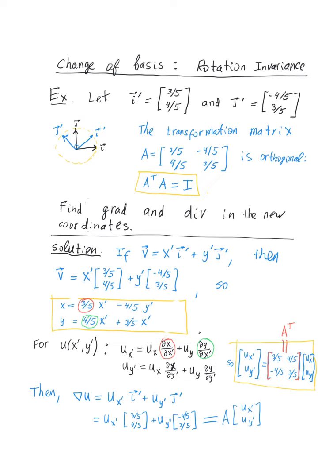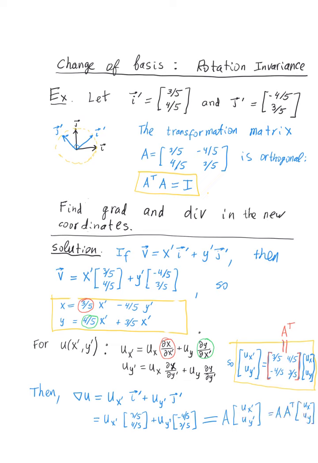We place these columns into matrix A, multiplied by the vector of the new partial derivatives, the weights. Now, the vector of the new partial derivatives is A transpose times the vector of the old partial derivatives. So we plug it in.